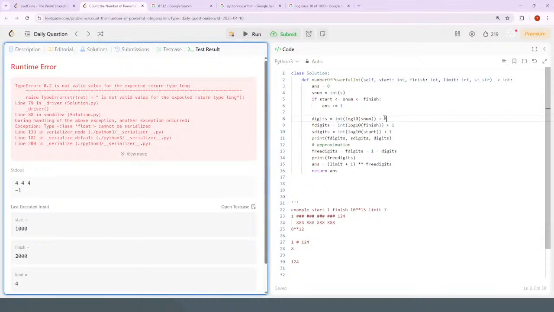Yeah, I don't know if this is 0.2. Return value is not an integer. Return value is expected return type long.